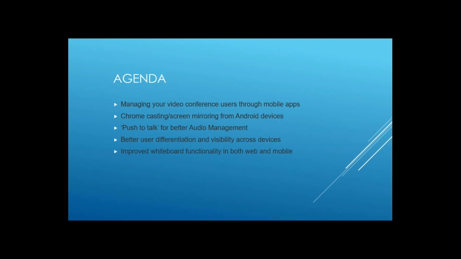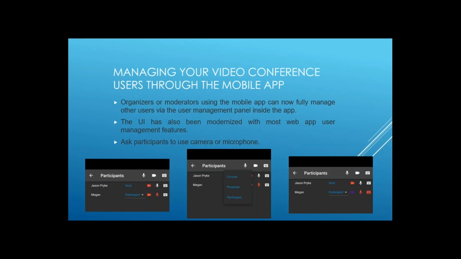Push to talk for better audio management. We're going to be looking at better user differentiation and visibility when people are joining from different devices. A couple of updates around that, and then some improved whiteboard functionality, which is in both web and mobile as well.